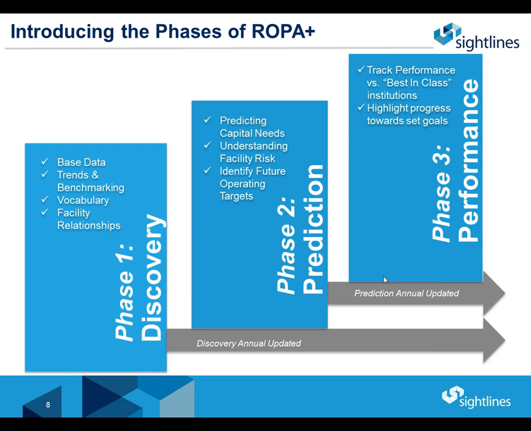That is, institutions that look like you, but how are they performing and how are the best performing? Often many of you ask, gee, I'm improving, but how am I doing against my peers, and how am I doing against the best in class? And be able to set specific goals and targets for your institution and highlight your progress in meeting those goals, a way of making you more accountable for your performance.